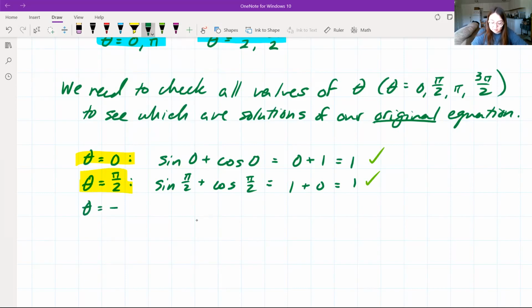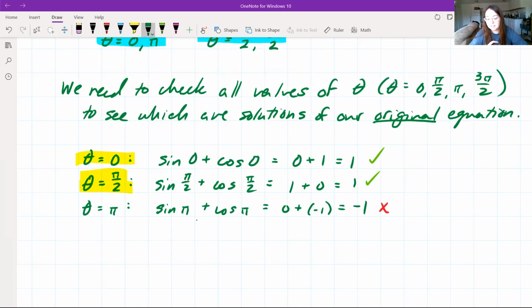Now our next value is pi. So we have sine of pi plus cosine of pi. Sine of pi would be 0. Cosine of pi is going to be -1. So this gives us a value of -1, which means that this is not a solution.